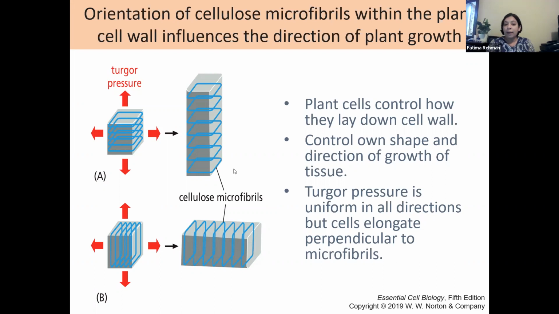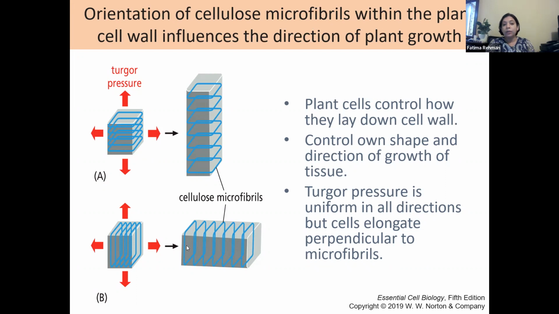So here are some examples of what will control it. It's the turgor pressure on that particular structure that is laying down more cell wall components. And they can become perpendicular or they can be elongated, depending on what they need to do.